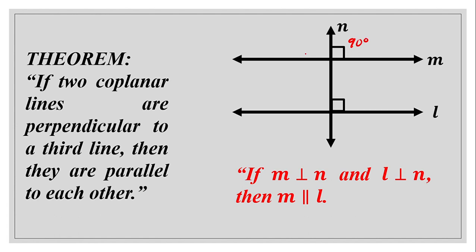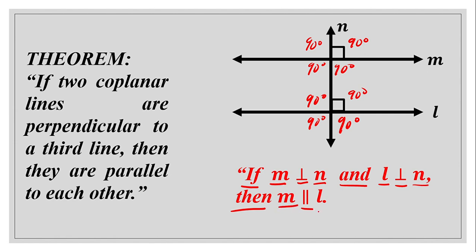All the angles here are 90 degrees. 90, 90, 90, 90, 90, 90. So that is a perpendicular line. If we read this one, if M is perpendicular to N, and line L is perpendicular to line N, then line N is parallel to line L. So that's how we read symbols in geometry.